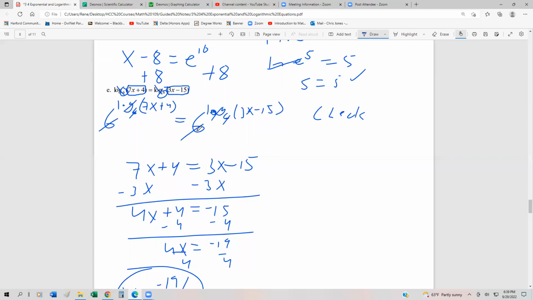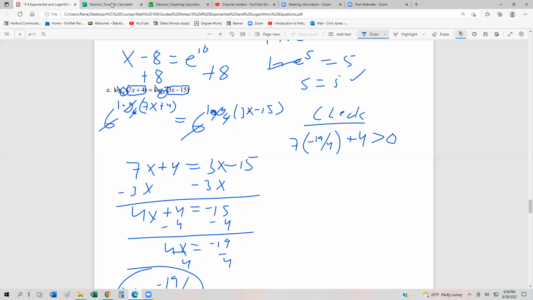let's just substitute our answer into 7x plus 4. That's going to be 7 times negative 19/4 plus 4. And what we could do is just throw that right into a calculator really quickly. This has to be greater than 0. So this thing would have to be greater than 0 for this to work.